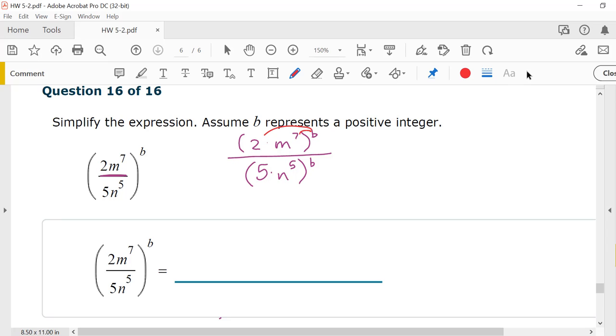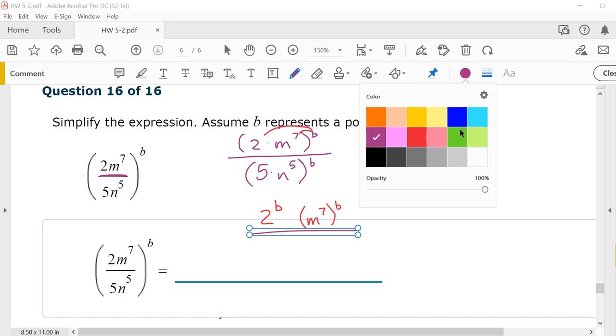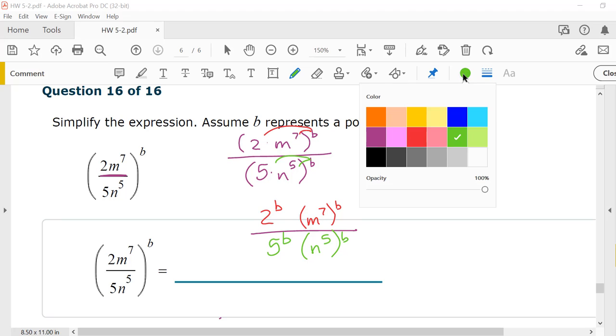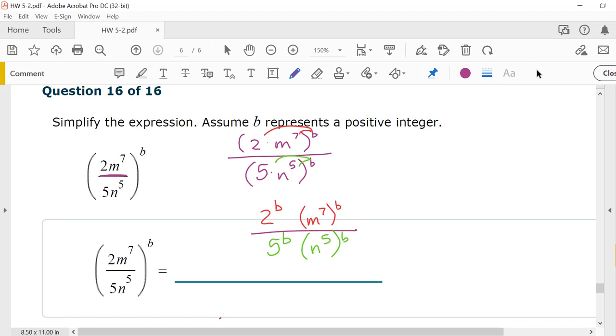So I have 2 to the b, m to the 7 to the b, over, giving the b to both factors in the denominator. I have 5 to the b, n to the 5th to the b.